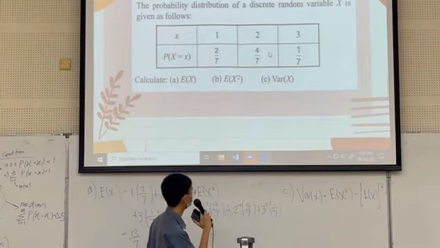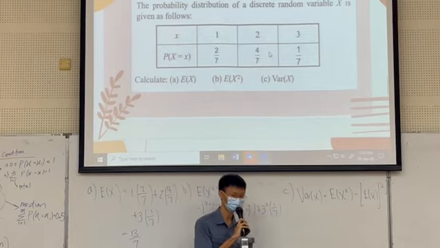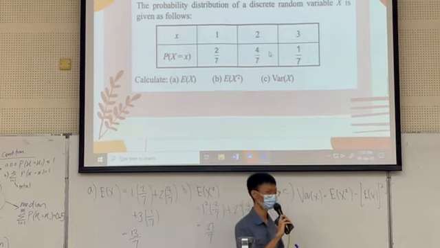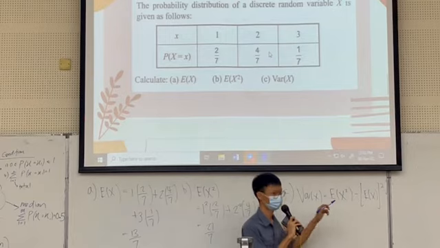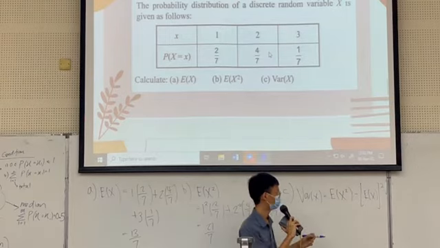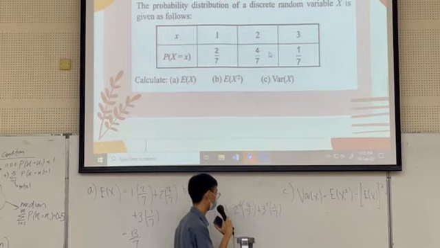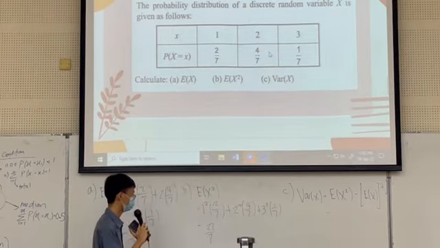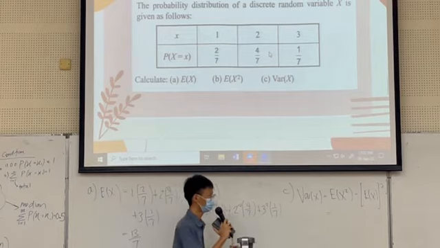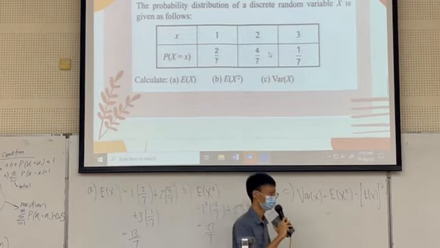So the next question wants us to find the variance. From the equation, it is E[X squared] minus E[X] squared. We have E[X squared] from the previous question, and E[X] we also have. So we just put in all the numbers and calculate.